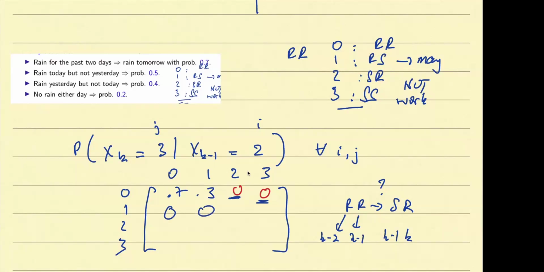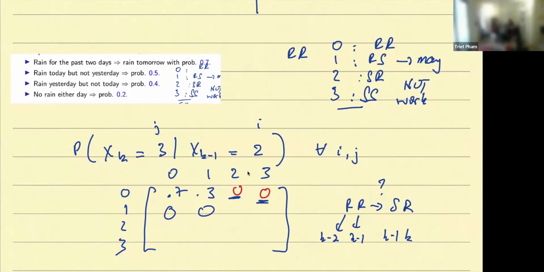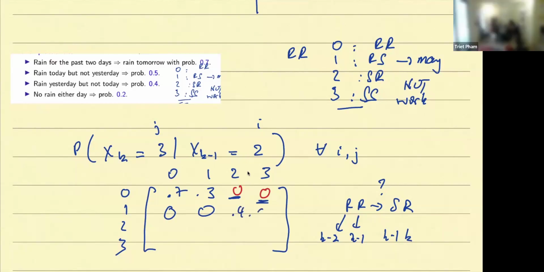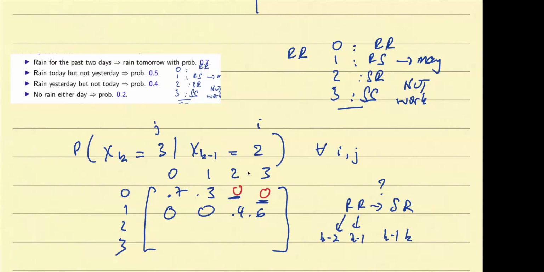Yeah, I understand what you mean. Okay. Then the next one will be 0.4, 0.6. 0.4 and 0.6. Thank you. Do we agree it's 0.4, 0.6? You have to pay attention here, right? I'm not gonna approve or not approve without you thinking about it too. Do we agree? Good.